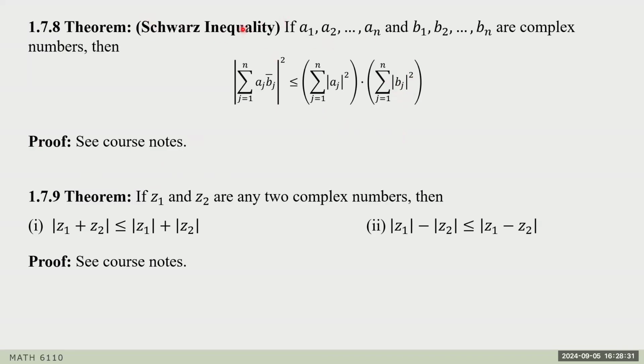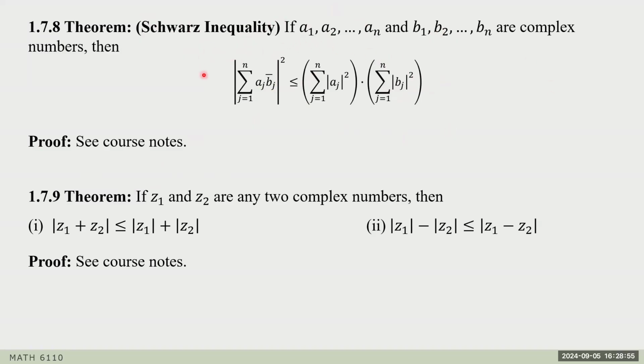Okay, so this is a famous inequality. And you could think about what will happen. So we'll see this later on. What will happen, because we know real numbers could be identified as a special type of complex numbers. So what happens to this inequality? It will still work if A's and B's are real numbers.